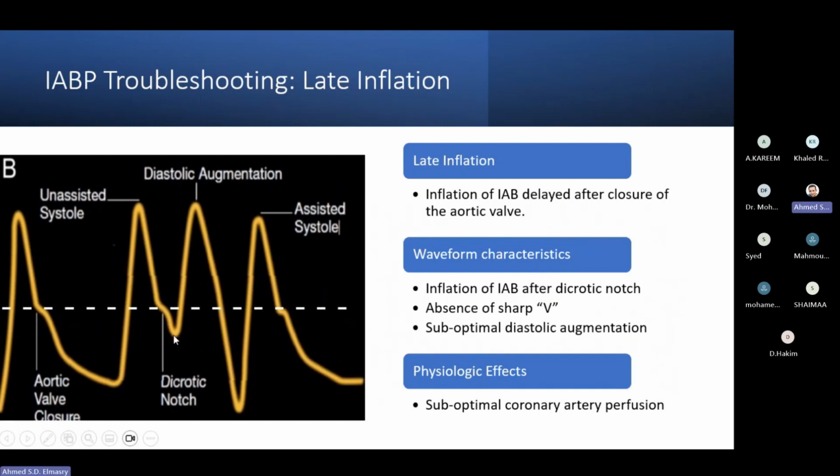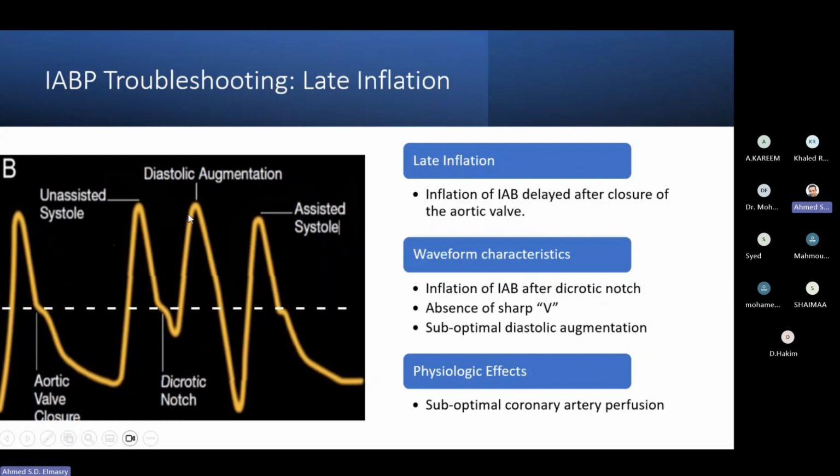So that means there is delay in the inflation, late inflation. So what will happen if the inflation happened late? The balloon will start the inflation and will reach the maximum, but the diastolic augmentation will be reduced.